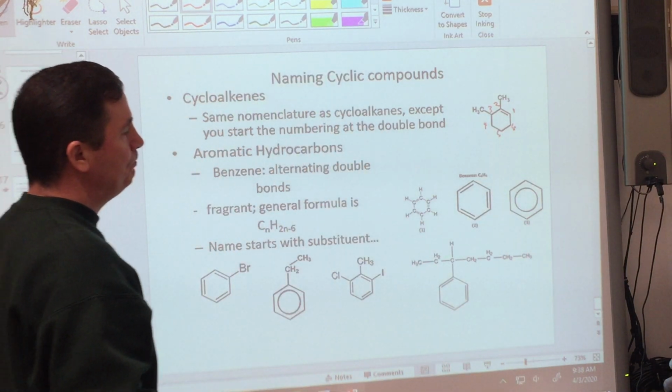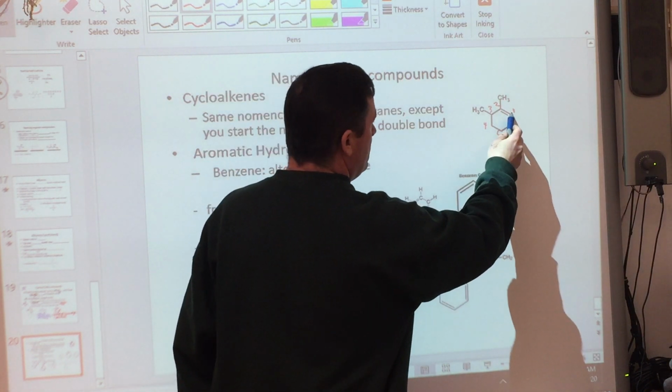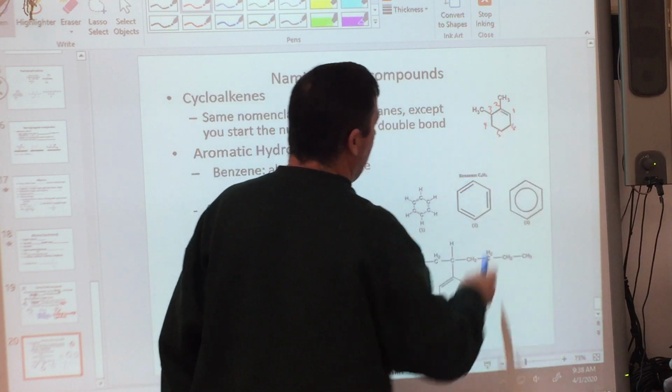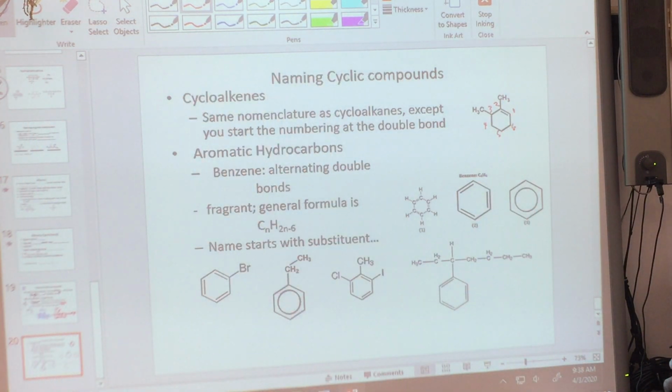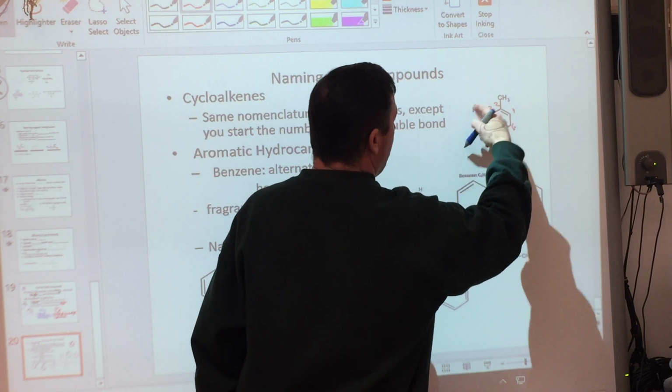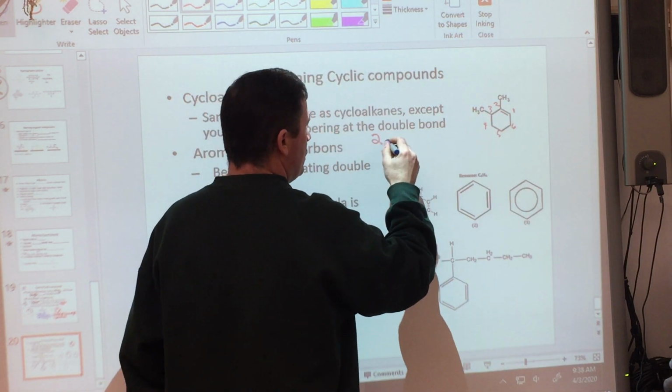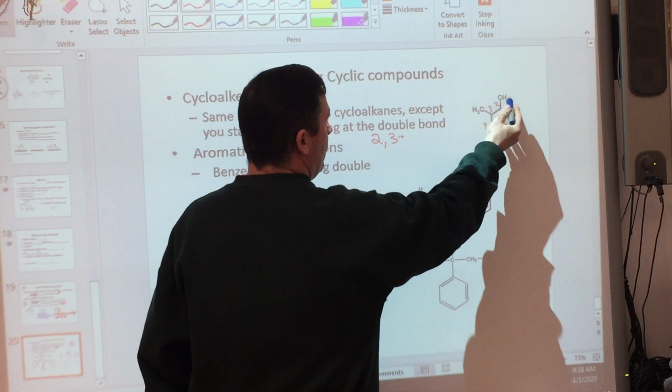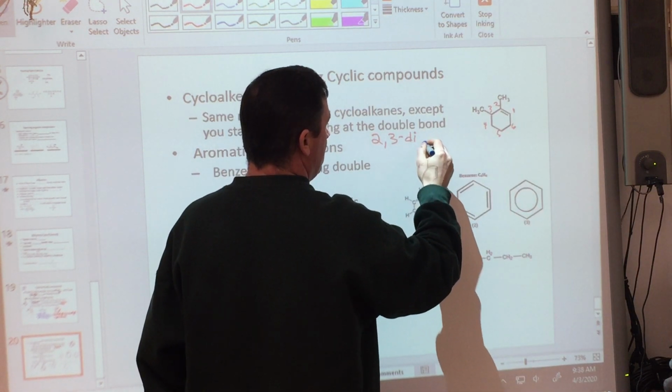All right? So how would I name this? In this case, I still have to name where my double bond is, but I have to include the substituent groups that I have. All right? So I've got 2 of them. They're both methyl. So this is 2, 3. There are 2, so I use di.